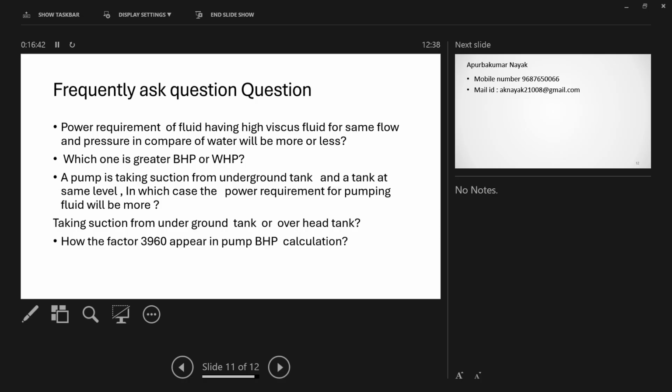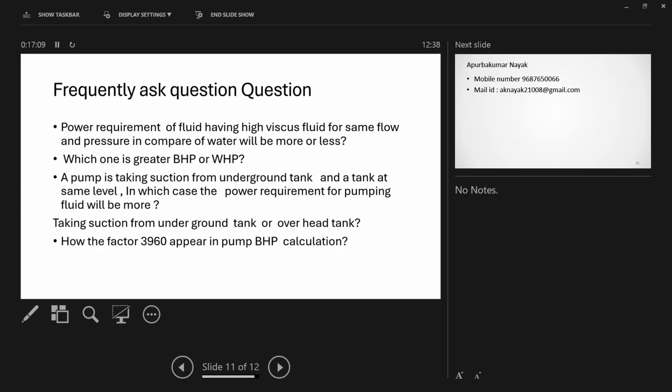First, what is the power requirement of a highly viscous fluid for the same flow, when the pump is used for discharging water? You know, for a fluid like oil, oil is less dense than water because it floats on water. So the power requirement of oil will certainly be lower than water because it directly depends on the density.